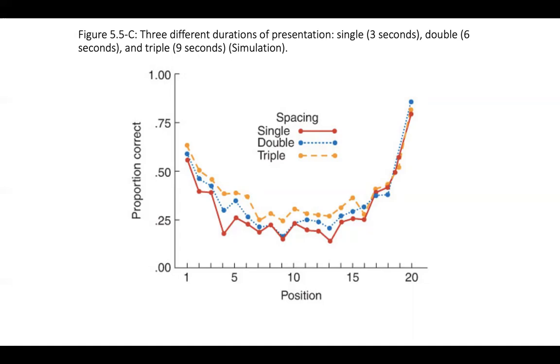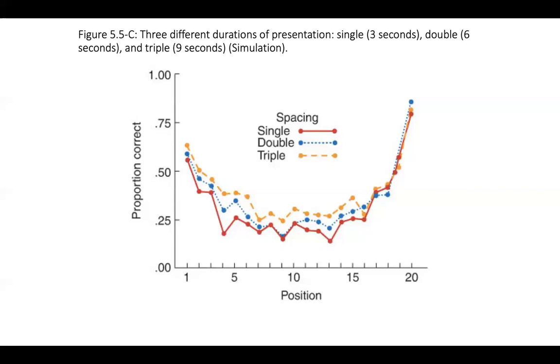The question is, how does changing the rate of presentation influence the strength of the primacy effect? So you tell me, looking at these data, if you want to have a strong primacy effect, do you want to hear a list in which the digits are being spoken quickly, or slowly?